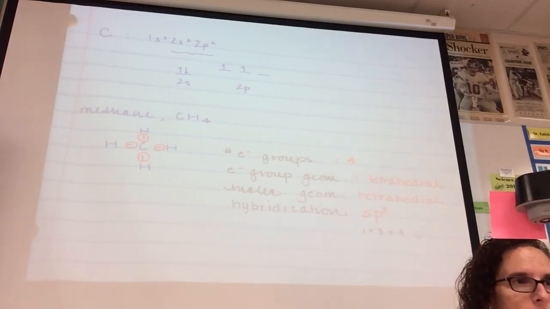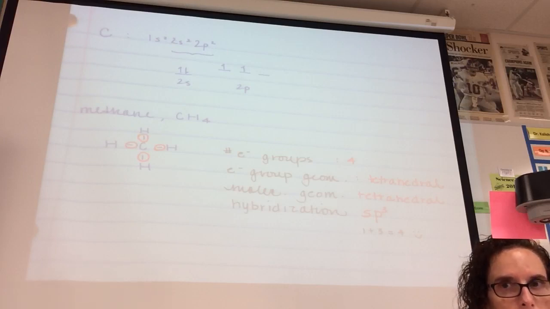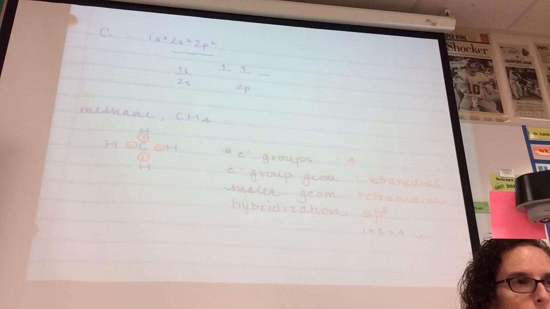In regard to hybridization, it is the electron group geometry that determines the hybridization.